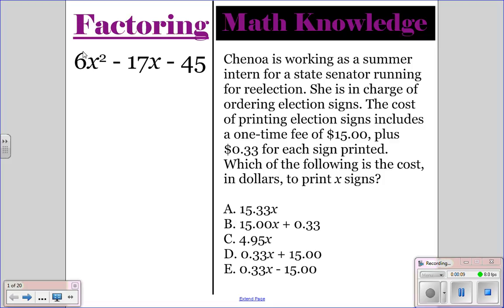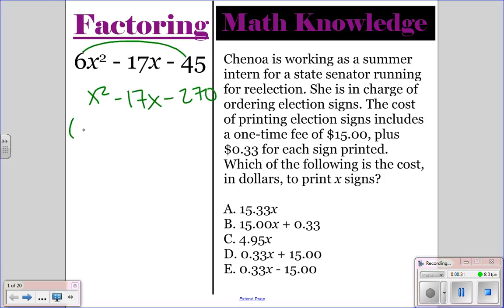So we're going to start by removing the 6 and multiplying it by the 45. And so we're going to have x squared minus 17x and then minus 270. The two numbers that you're going to want to use are going to be negative 27 and positive 10.